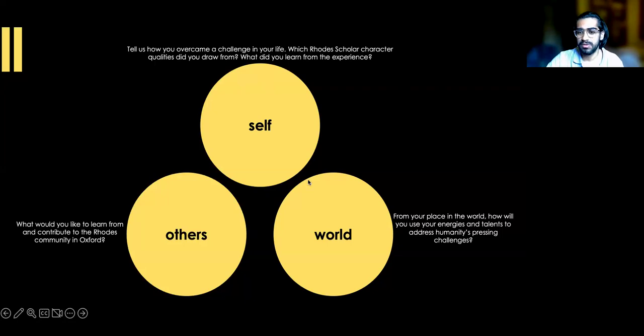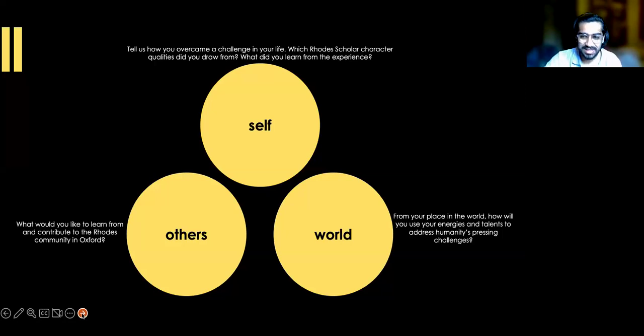And so, in this framework, again, this is just the motivation. The last two parts are just the motivation for applying, right? Others and the world primarily pertain to why you want to apply for Rhodes and what you think you can gain from it. The part about self is very related to the other four characteristics that we've already talked about, where the experience that you talk about inevitably will end up showing qualities like leadership, caring for others, and having the passion and energy to do a lot of things.